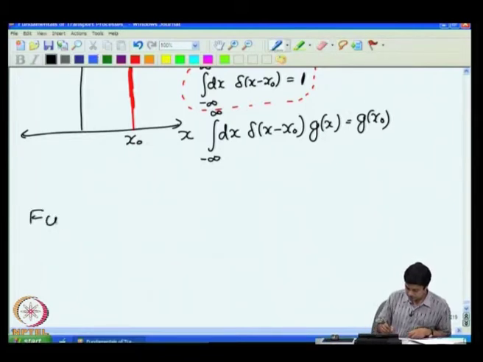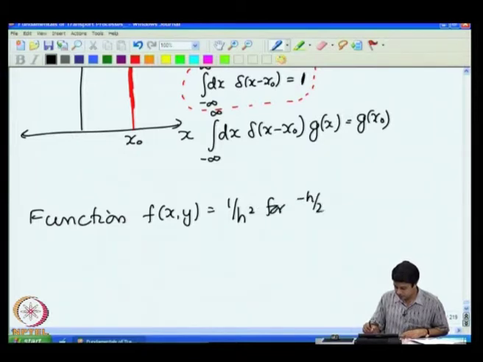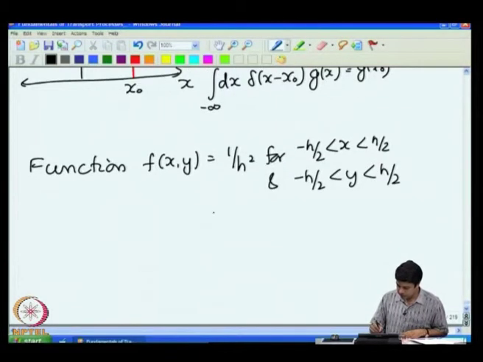Function f of x y is equal to 1 over h square for minus h by 2 less than x less than h by 2 and minus h by 2 less than y less than h by 2, is equal to 0 otherwise.